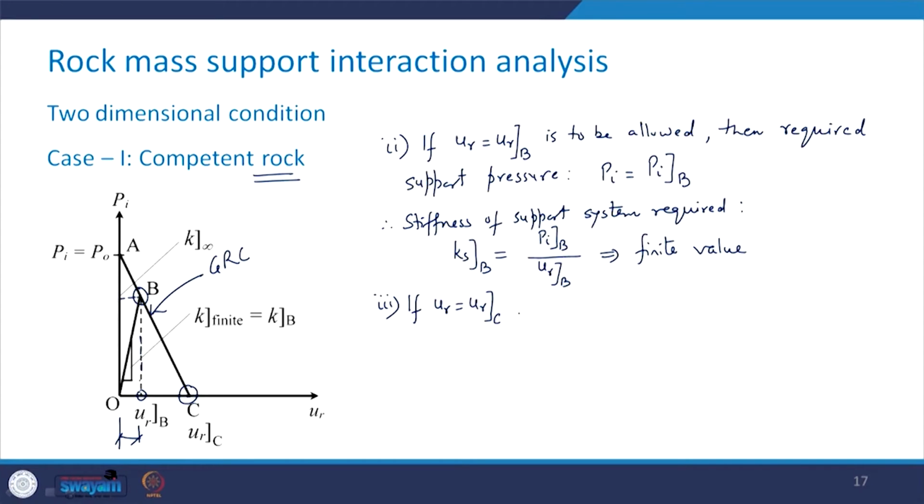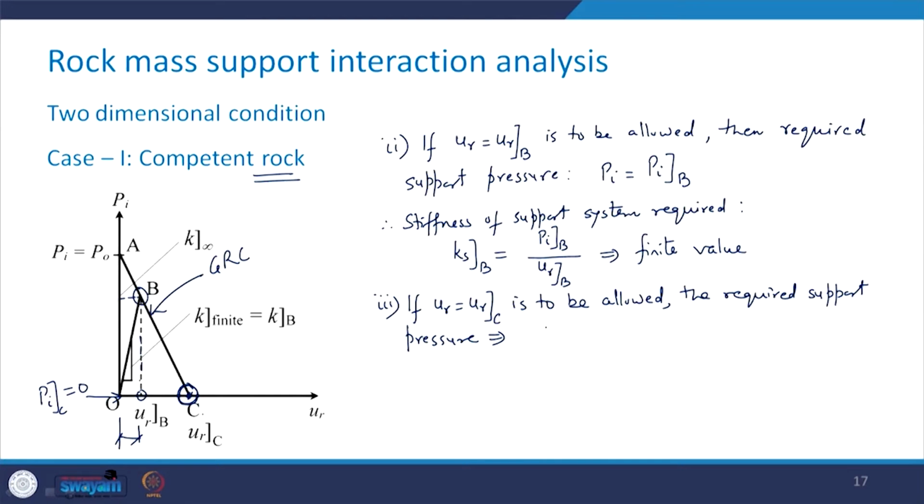Then what will be the required support pressure in this case? Look at this figure and tell that this is going to be here URC, and if I just drop a line here corresponding to this, your Pi value is 0.